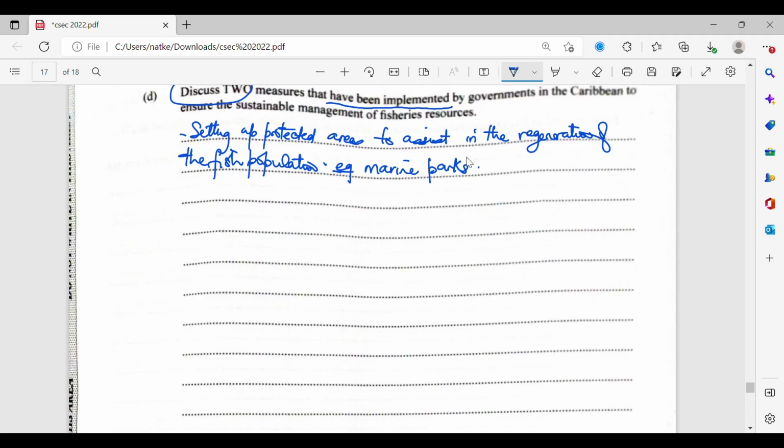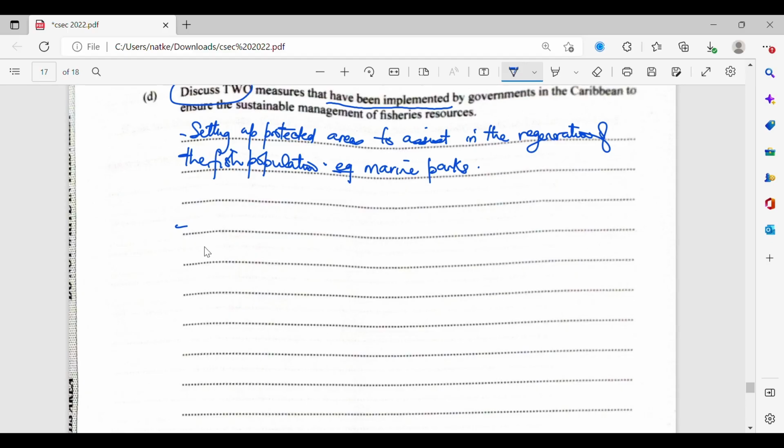Another one is educating the population. This one works with everything. It doesn't matter whether it's social studies, geography, whatever. Educating the population is always something that is done to fix something that is happening. So that is something that has been done by the government.